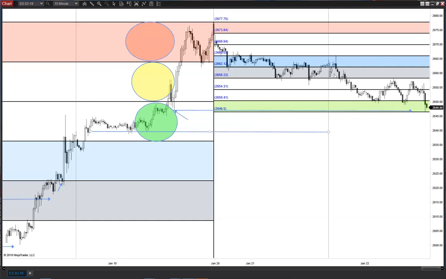So this is a perfect open, and I think we're still going long, and no, we're not. We're searching for support. So these traders have been abandoned, and this clearly shows the area of support I'm looking at, the neutral zone where we're fighting, and then the resistance box, just based on last week's range.